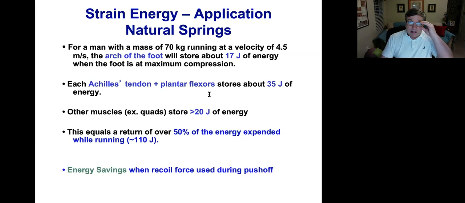The Achilles tendon and the plantar flexors can store about 35 joules of energy. Other muscles like the quadriceps can store at least 50 joules of energy. This means we can store over 50% of the energy that we need to expend for each step of running in these natural springs. However, we can't return a lot of this potential energy into kinetic energy, but enough to increase the efficiency.